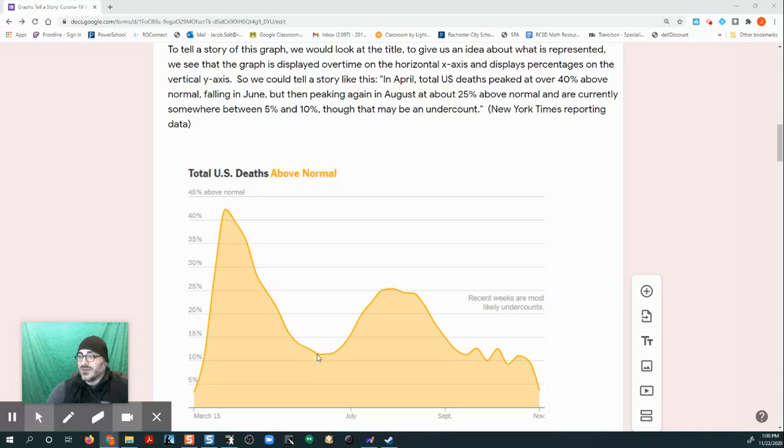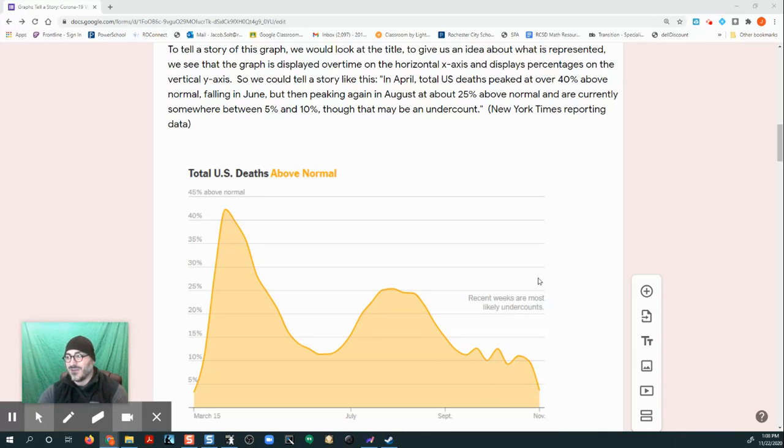But then in July it began to climb back up, and sometime in July, August, it peaked again at 25% above normal. And then it's going down, and it looks like, oh, this looks good, right? It's going down, it's going down. We see this, oh, November, nobody's dying anymore.